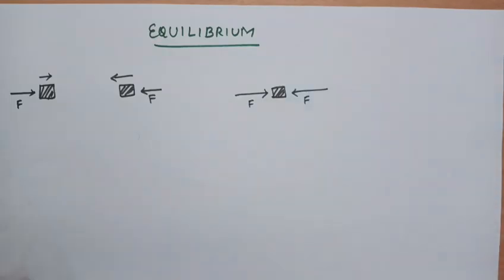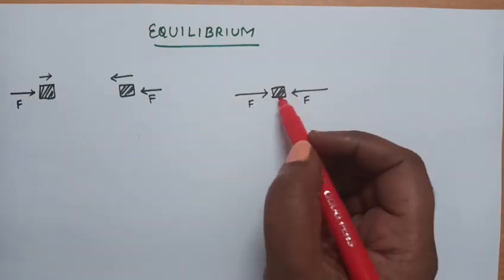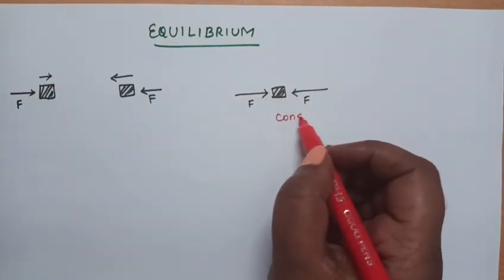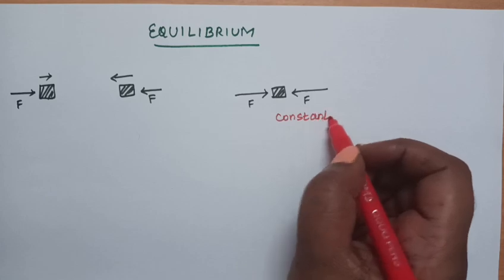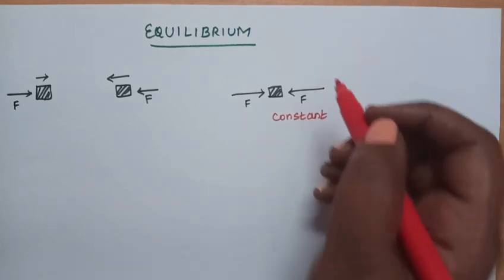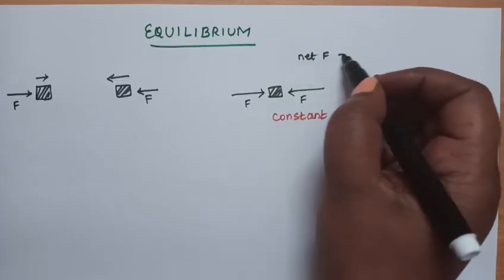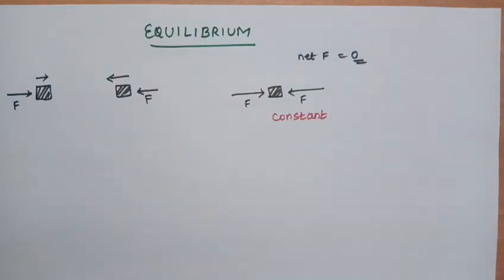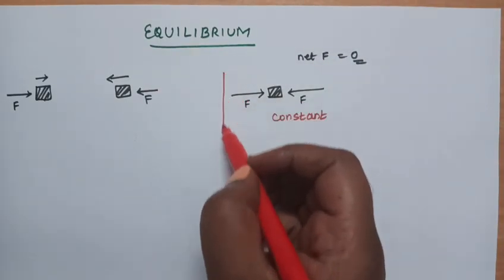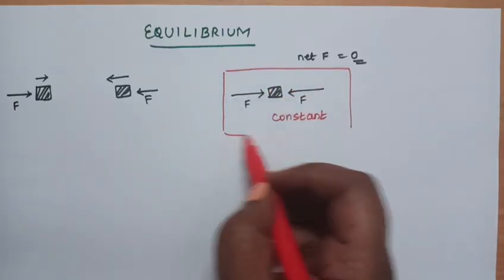So what happens to the position of the stone? Position will remain constant. It will not move in any direction. Why? It is because the net force acting on it becomes equal to 0. So this condition is called the equilibrium condition.